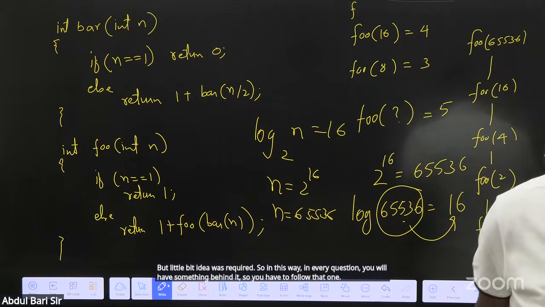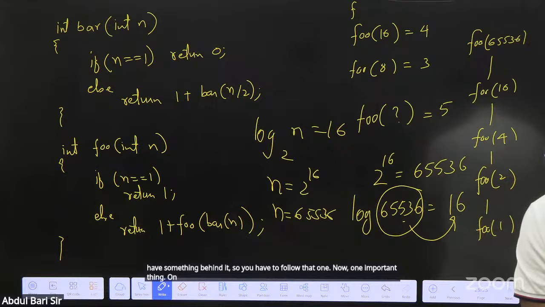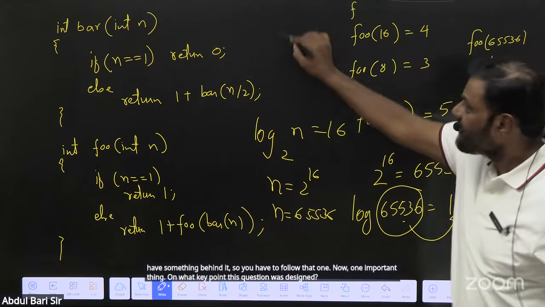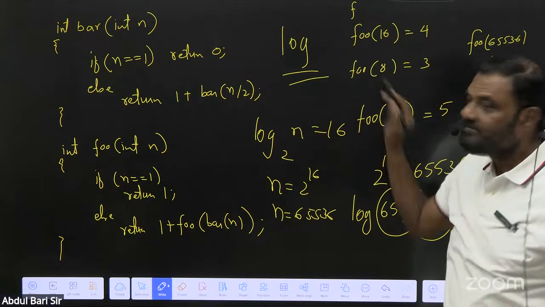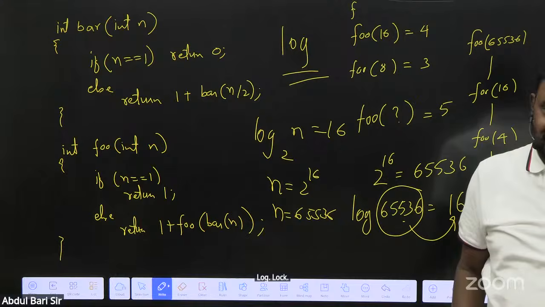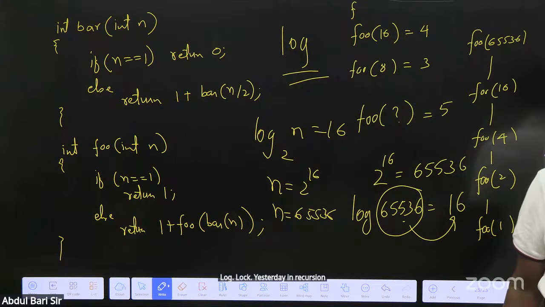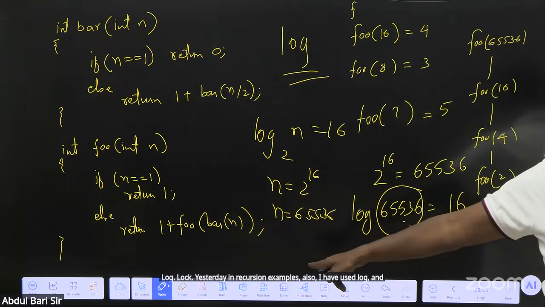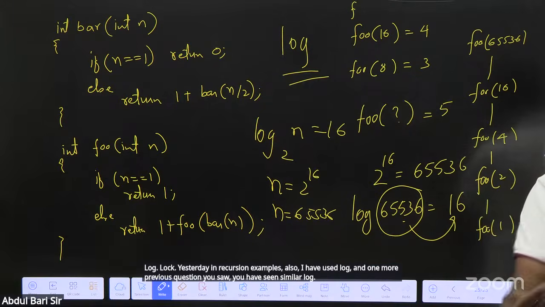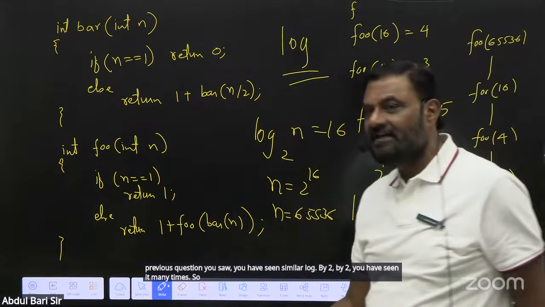Now, one important thing. On what key point was this question designed? Log. Yesterday in the recursion examples also I used log. And in one more previous question you saw a similar log, divide by two, you have seen it many times. On that basis only they have designed the question.